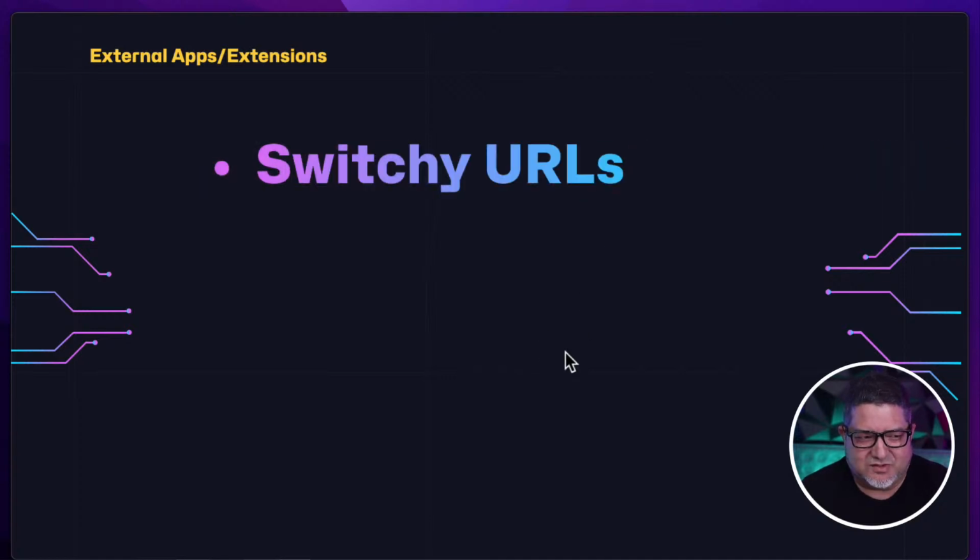So what I use in terms of apps and extensions, I use this tool called Switchy, that if you watch my videos, you know that I use a lot. Basically, it's just a URL shortener. The nice thing about Switchy is that you can add a custom URL. So I use rabo.org for my blog, and so I created a shortcut called go.rabo.org, and my short links can actually have that prefix. And you want to find a domain that's really short.